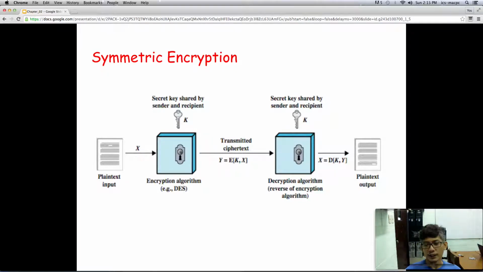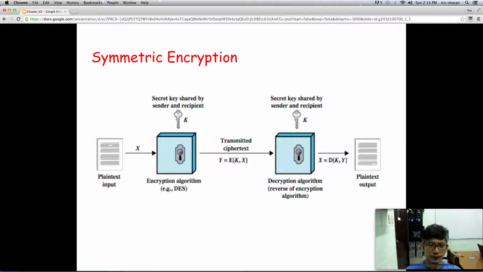As you can see in the illustration, the encryption is a function with parameters key and X, noted by Y. Then at the receiver end, or the recipient, the decryption algorithm will take as input the transmitted ciphertext Y, and it will also need the key as input, and then it will perform a decryption to generate the plain text.